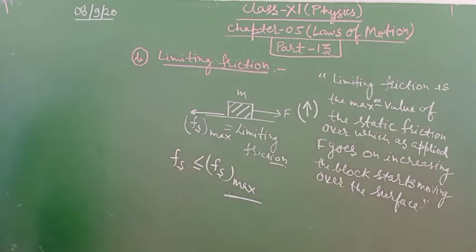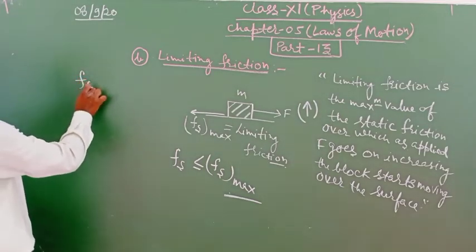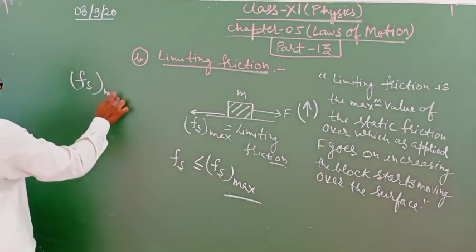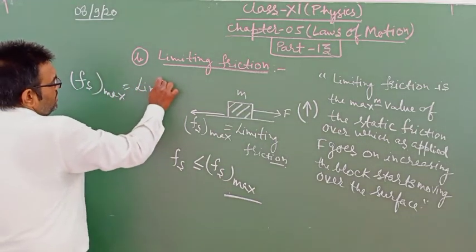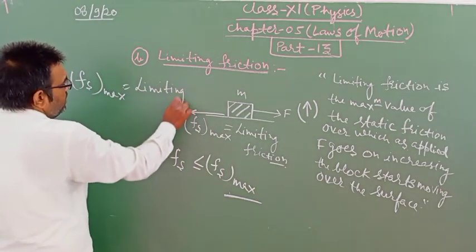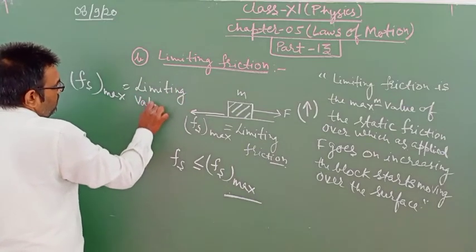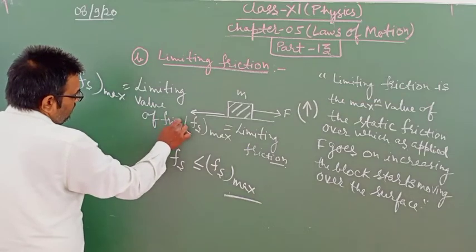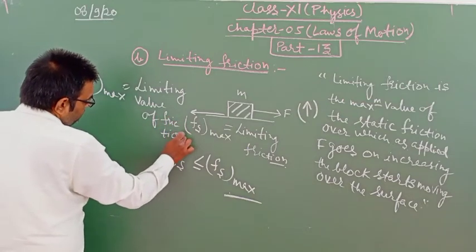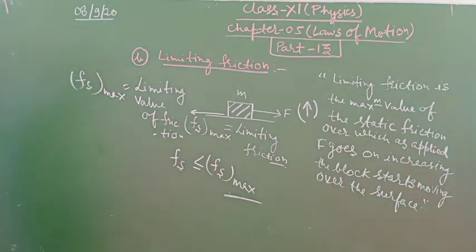And this Fs max, the maximum value of static friction, is called the limiting friction, the limiting value of friction.